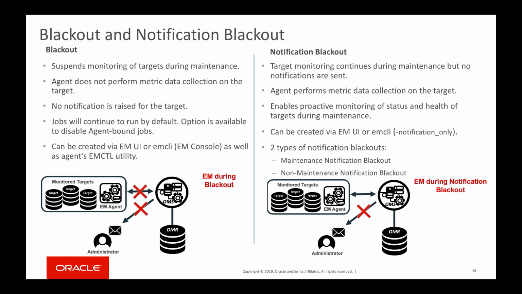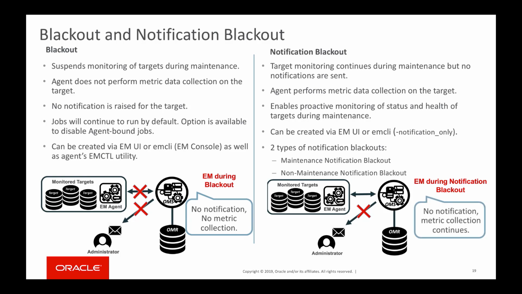So what's the difference between the blackout and notification blackout? Blackout suspends the entire monitoring of the target, so no metric collection is being done during the time. Notification blackout, on the other hand, suppresses the notification but continues to collect the metric values from the target.